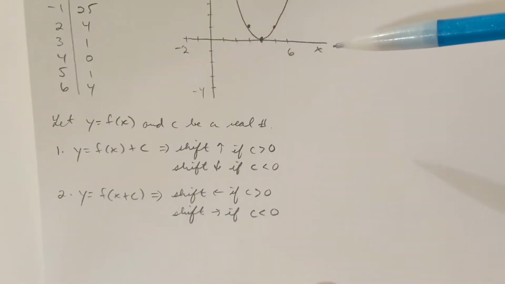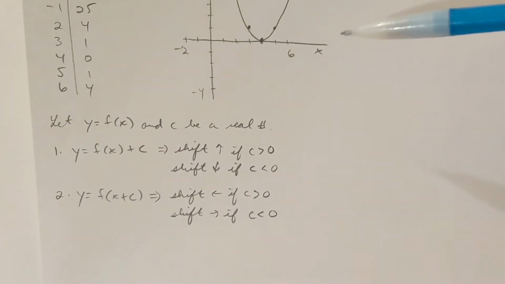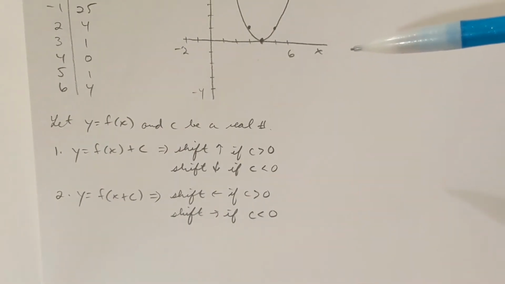Here's in general what we need to know about shifting a graph. Let y equal f of x be one of the 8 basic functions, 9 if you include the greatest integer function, and c be a real number.